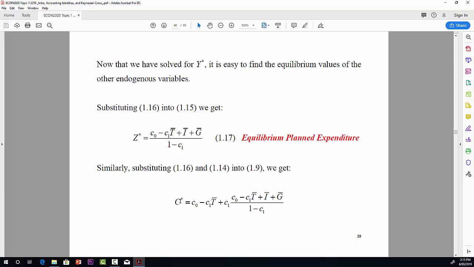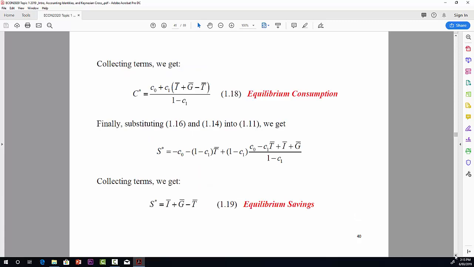C star is equal to C0 minus C1 T bar plus C1 times Y star. And now we know what Y star is, so we plug that in there. We get this. Let's collect terms a little bit. And again, we've expressed it solely in terms of exogenous variables and parameters. That's equilibrium consumption.